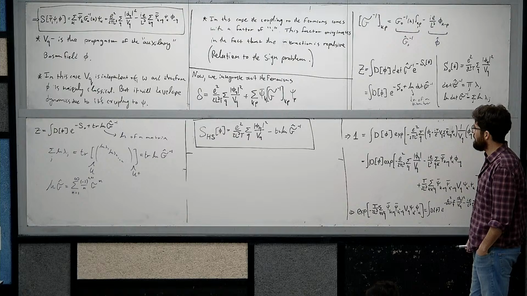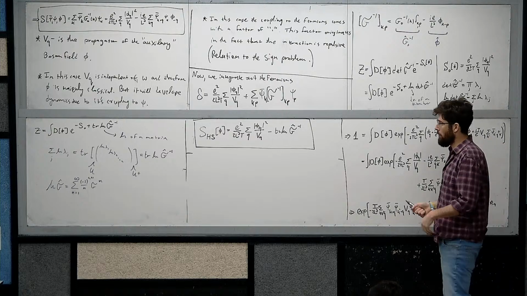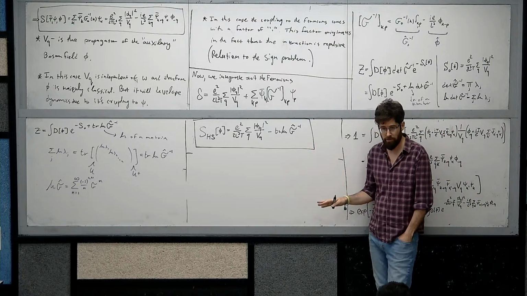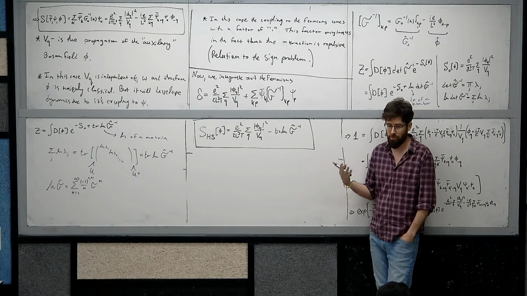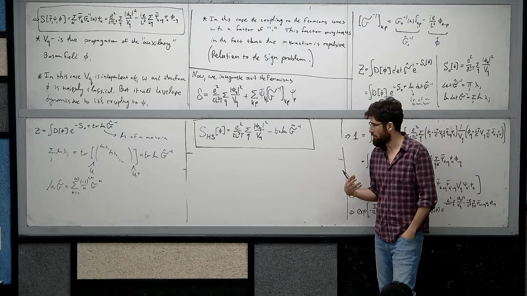That's one comment. What else did I want to say about this? Another important comment, which is made often, is that this action is exact. We didn't neglect anything. And that's what I was saying before about this whole Hubbard-Stratonovich thing.